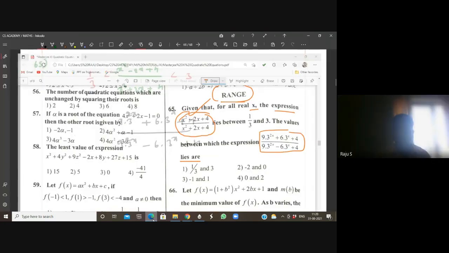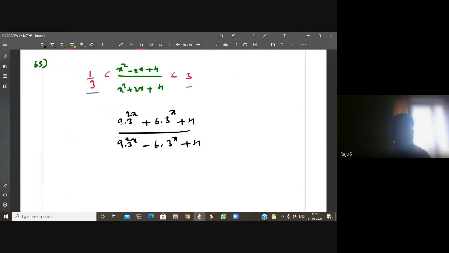Otherwise, if it were the whole power x, we could add 9 plus 6 to become 15.